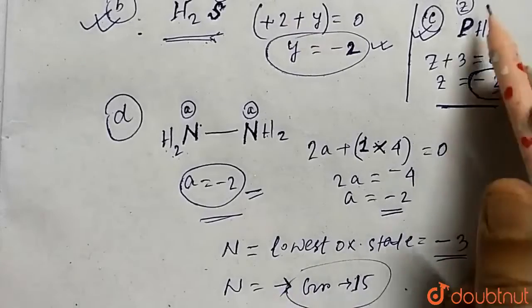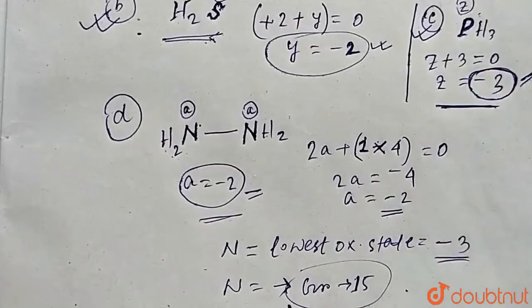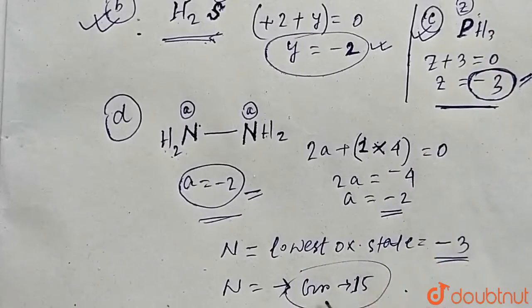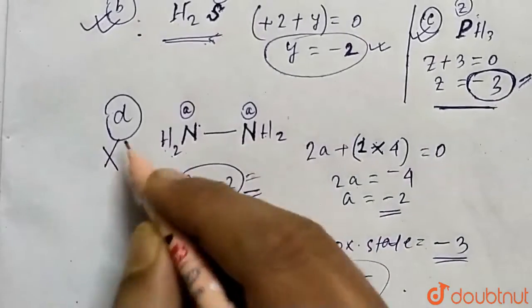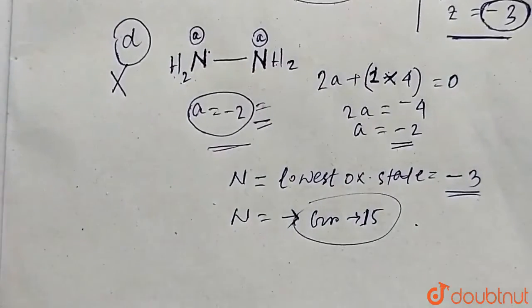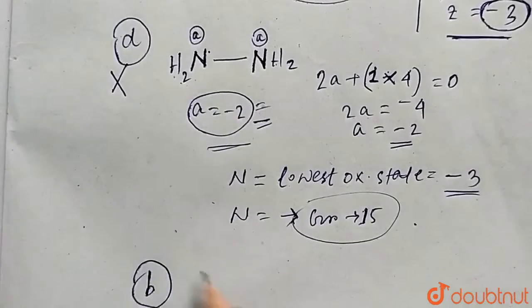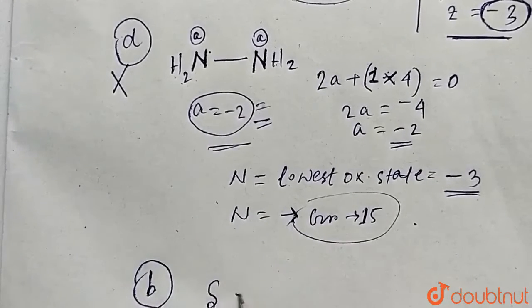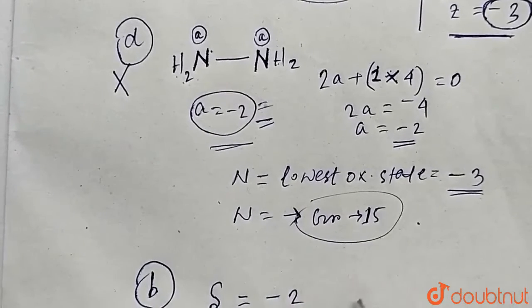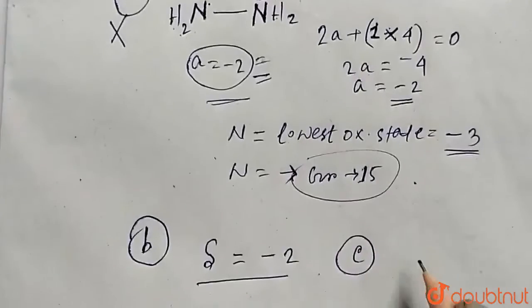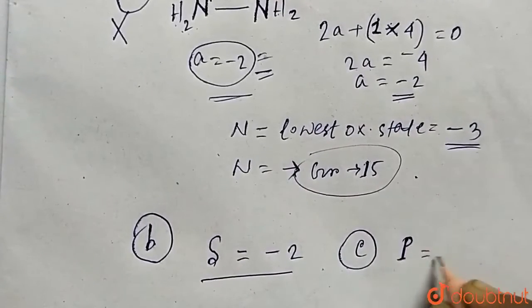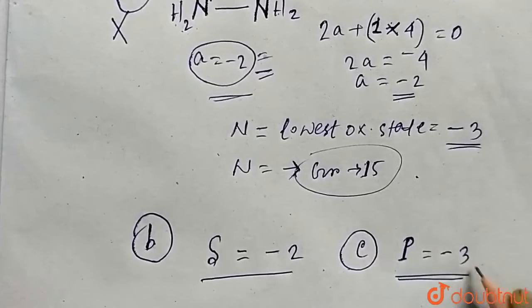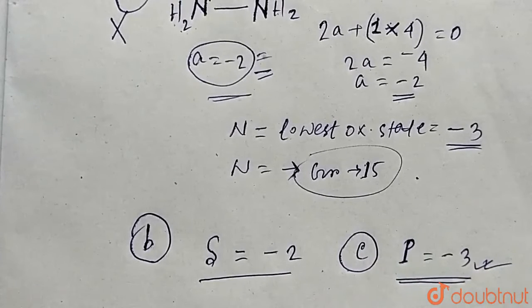So nitrogen and phosphorus belong to the same group, which has lowest oxidation state minus 3. Here minus 2 is not the lowest oxidation state, so D will not be our correct answer. So we have got our correct answers: B, where sulfur has lowest oxidation state minus 2, and C, where phosphorus has oxidation state minus 3. Both are correct.